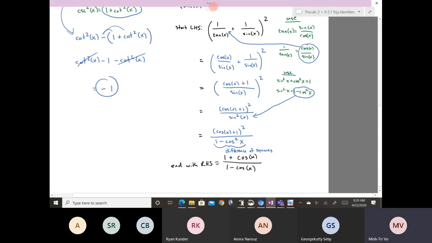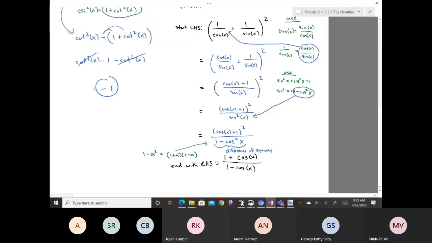Right, so how should I think of this? Say I have 1 minus a squared. So this is a difference of squares. How do I factor something like this? It factors as 1 plus a times 1 minus a, right? Where in this case a is cosine, right?